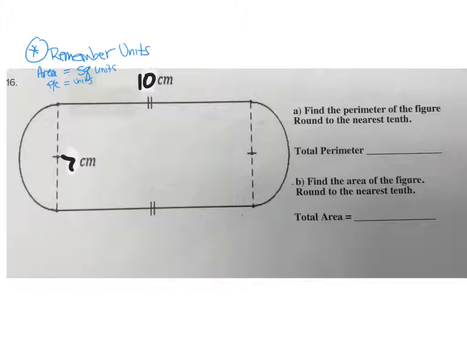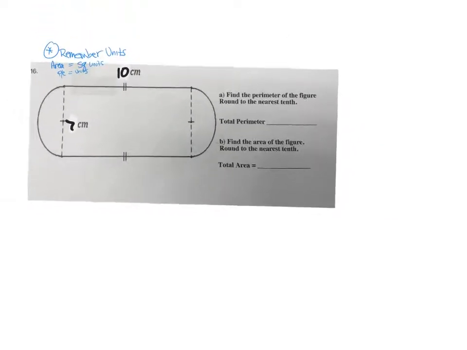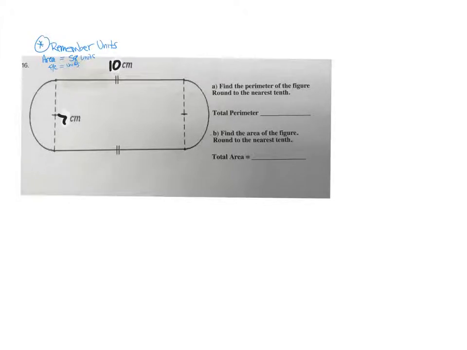So for area, you could do the... Look at the first one. The first one's asking me to find the perimeter. If you recall, when I'm finding the perimeter or area of a composite shape, in other words, a shape that's made up of more than one, your job is to find the distance around.